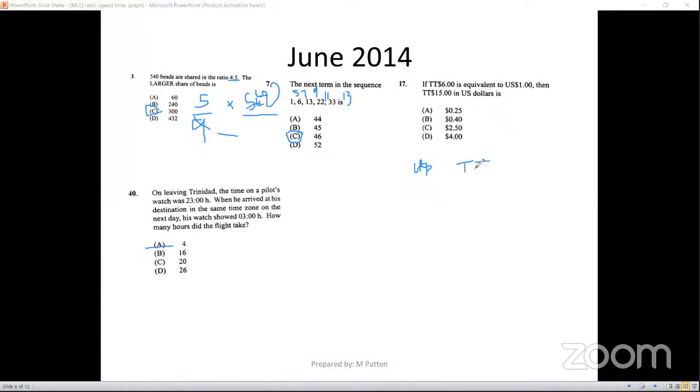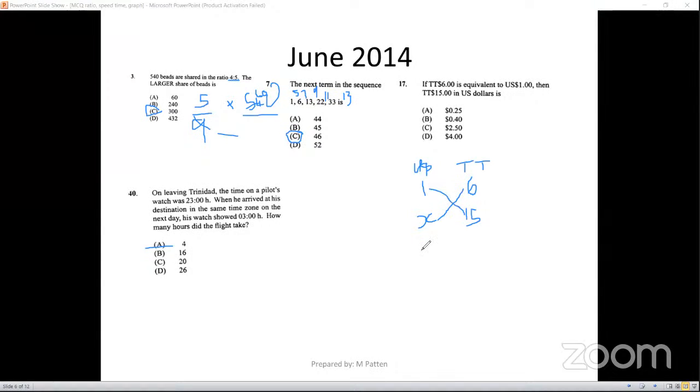For any foreign exchange question, based on what you're given, you want to set up a table with the $1 on the left. US dollar is $6, and they ask you what is 15 TT dollars in US dollar. And we cross multiply.